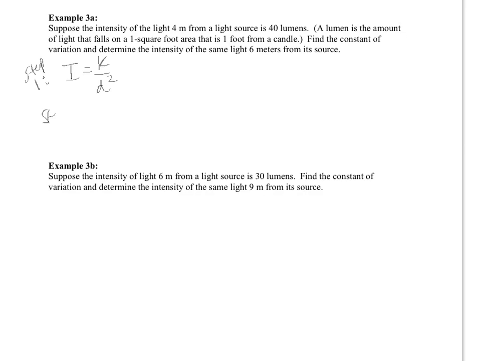Now step 2, we're going to solve for k. So we say I is 40 lumens, that's the intensity, equals k over, and the distance is 4 meters, so 4 squared. So let's solve for k. We have to square the 4, so we have 40 equals k over 16.